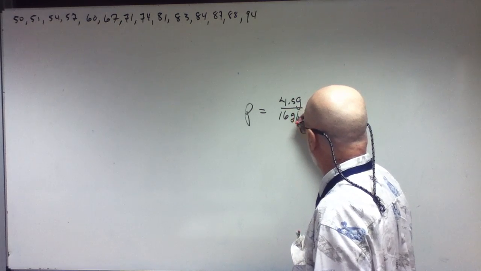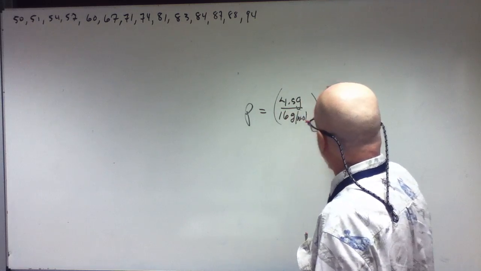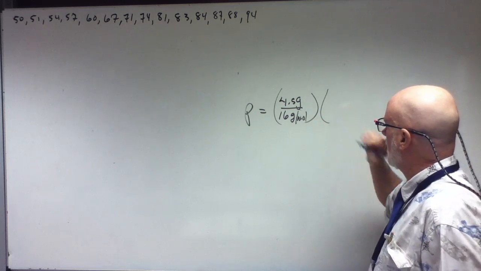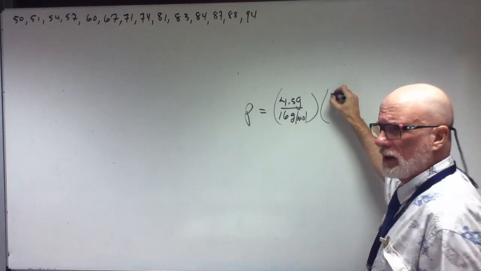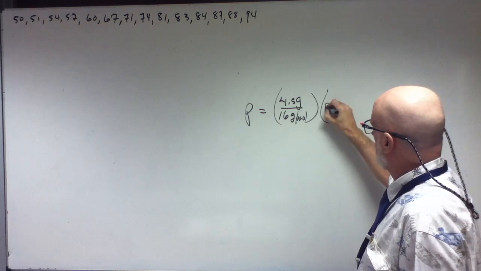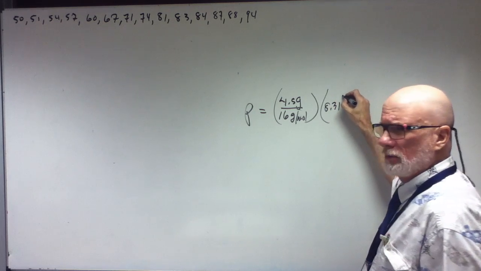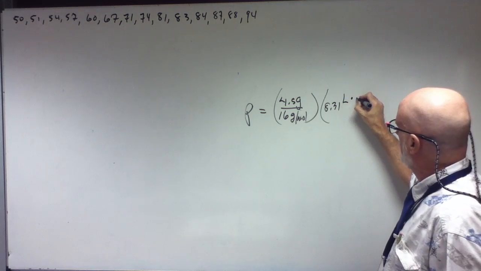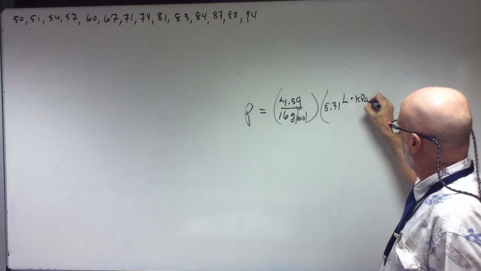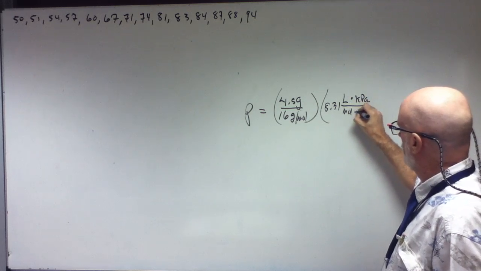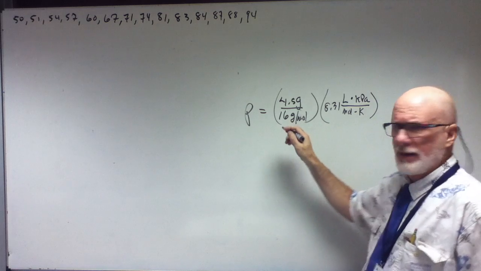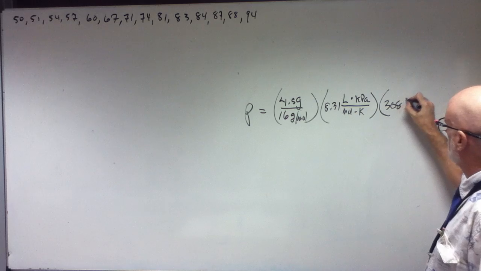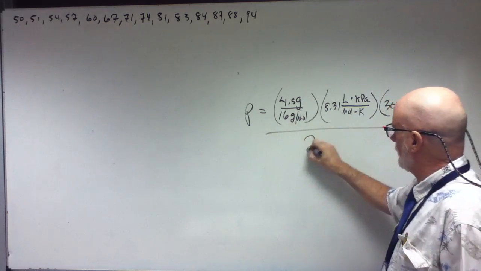Times 8.31, nRT, right? What are the unit labels? Liters times kilopascals divided by moles times Kelvin. And then what? Times 308 Kelvin all over 2 liters.